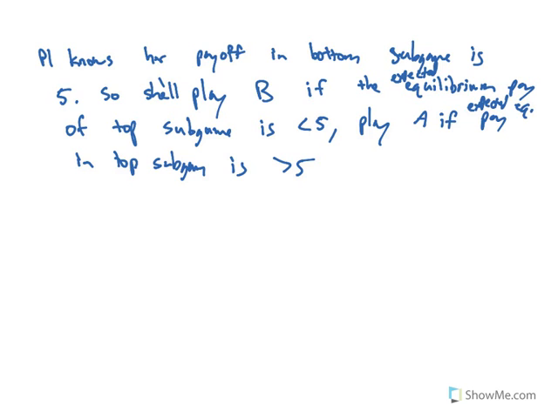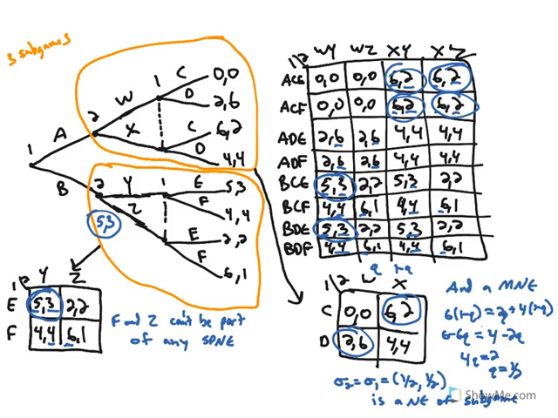Okay? So going back, player one knows that if she goes B, her payoff is 5 for sure. So if there's an equilibrium in the top where she is going to get more than 5, well then playing A, playing the top subgame in the equilibrium that gives her a big payoff, and then playing the bottom subgame in equilibrium, that's going to be subgame perfect.